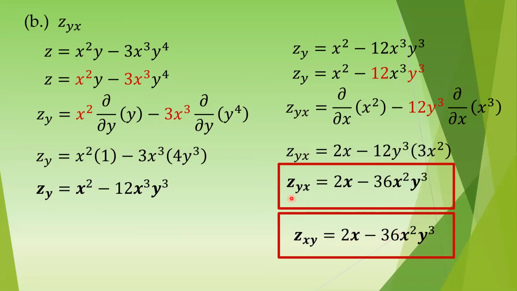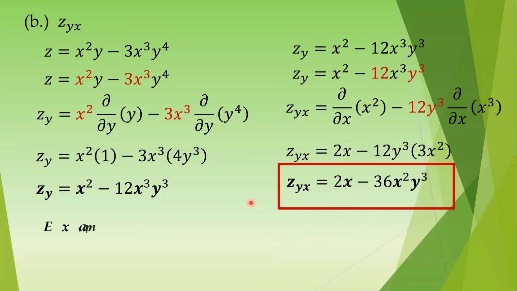So ibig sabihin, pag nakukuha mong higher order derivative, ay mix ng variables, ayan, x, y, saka yx natin, makukuha mo ay same answer. Kahit mauna ka sa with respect to y, sunod mo yung x, or mauna ka sa with respect to x, sunod mo yung y. So meron kang makukuha same answer lang.